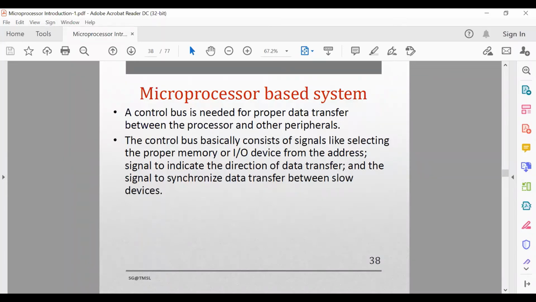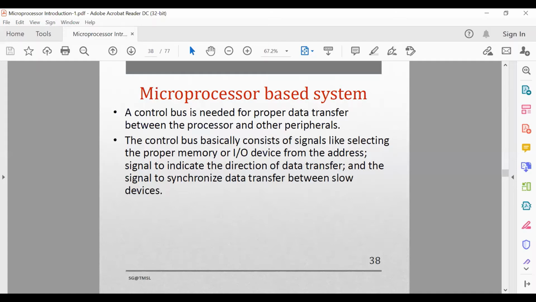Next is the control bus, which is needed for proper data transfer between the processor and the peripherals. The control bus consists of signals for selection of the correct memory or input output device from the address, indication of the direction of the data transfer, and also synchronization of the data transfer with slow devices. Many of the control signals are given by the processor itself, because the processor is the master of the control system.